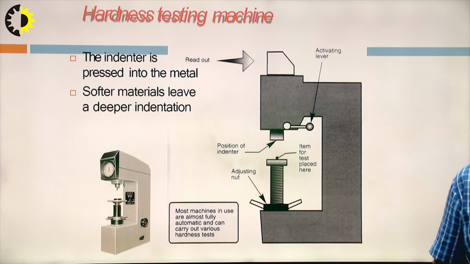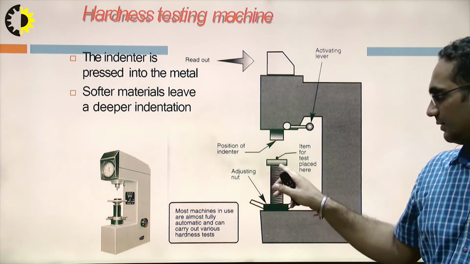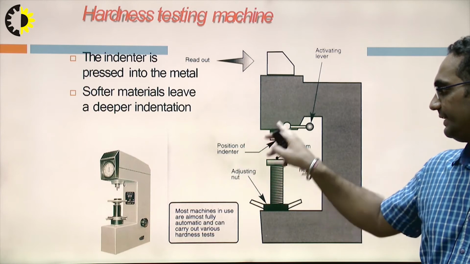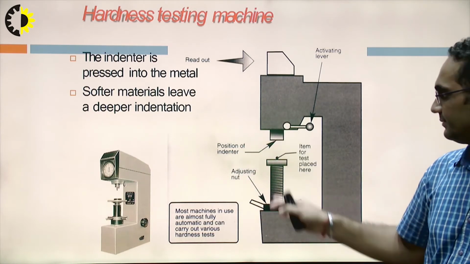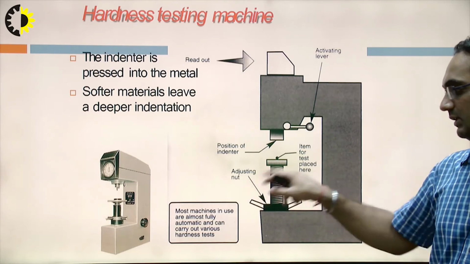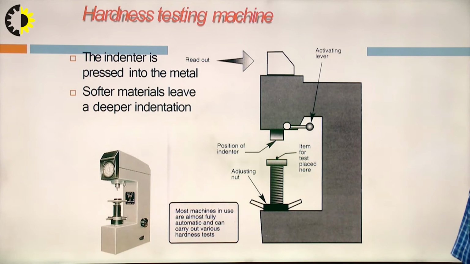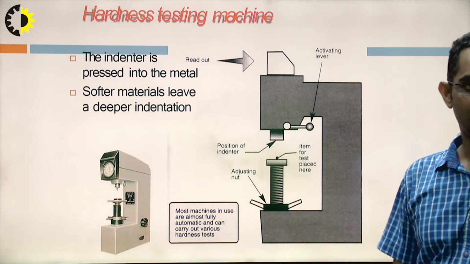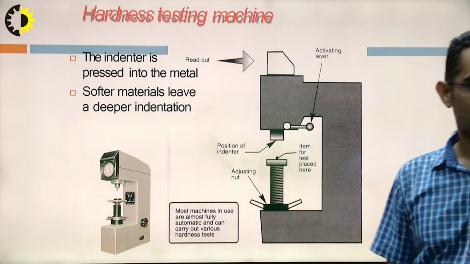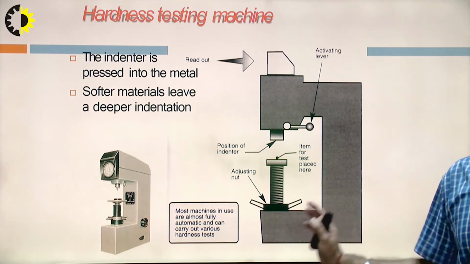Next, the item which needs to be tested is placed here, and this is the position of the indenter, which is pressed over this. This is the adjusting nut for the rotation. Most of the machines in use are almost fully automatic and can carry out various hardness tests.